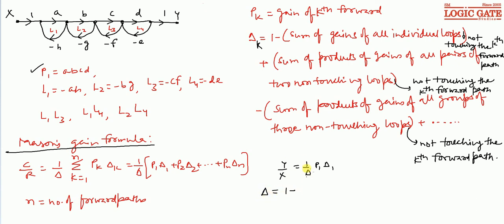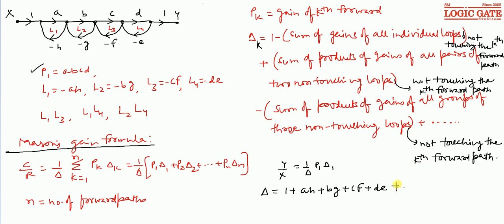This is 1 minus sum of gains of all individual loops. So the gains are L1, L2, L3, L4, and all the gains have a minus sign, so I'll take minus common. So this will be 1 plus AH plus BG plus CF plus DE, then plus sum of products of gains of all pairs of two non-touching loops. L1, L3, L1, L4 and L2, L4 are the non-touching pairs.